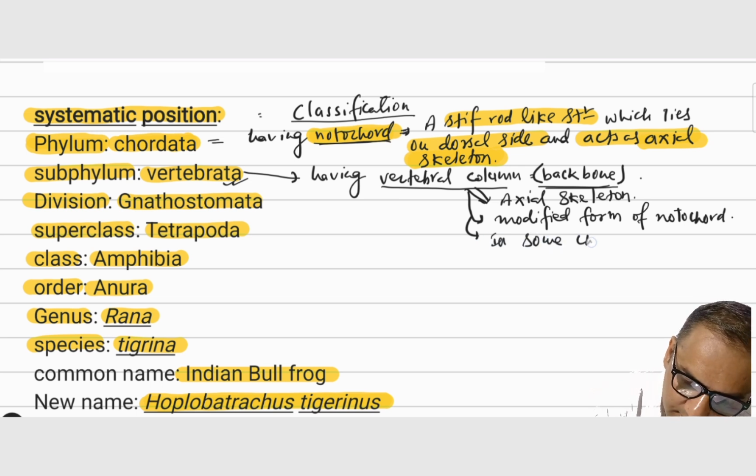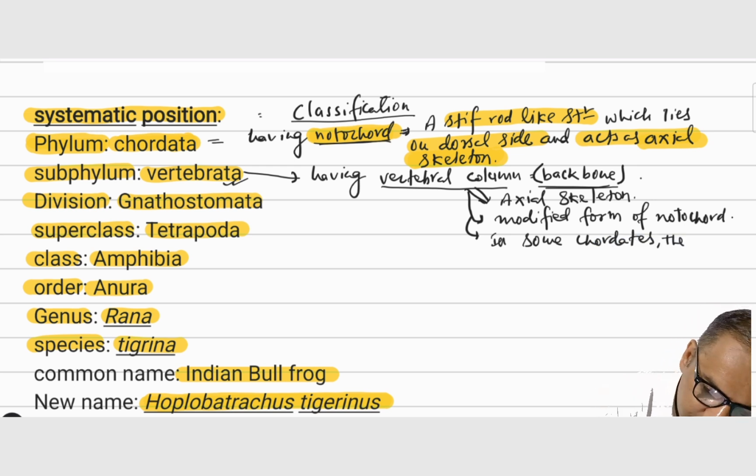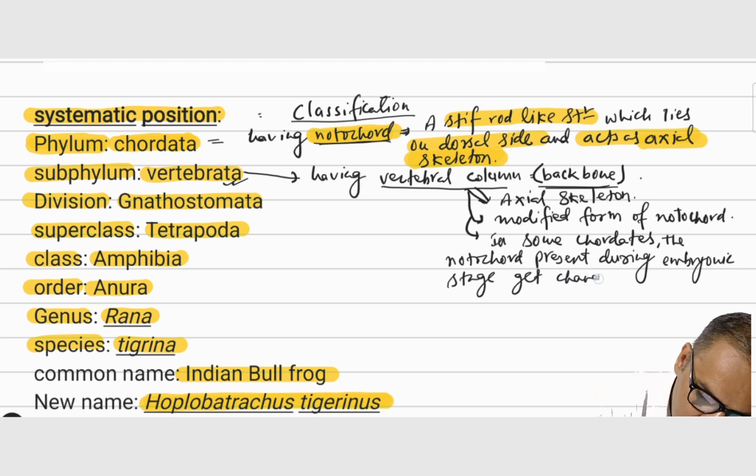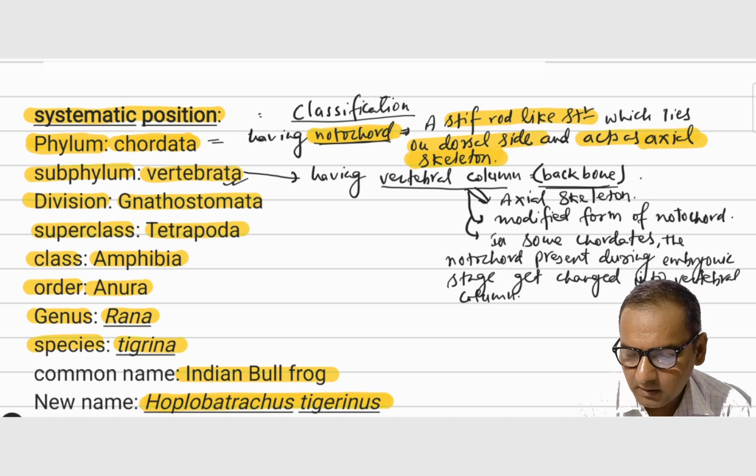In some chordates, the notochord present during the embryonic stage gets changed into vertebral column and the chordate becomes a vertebrate.